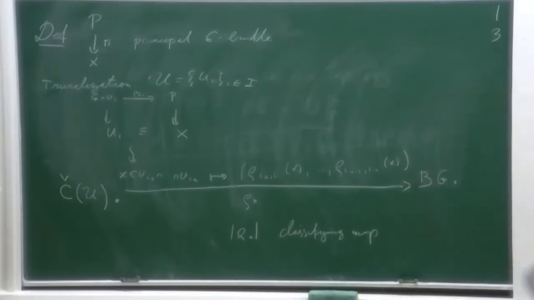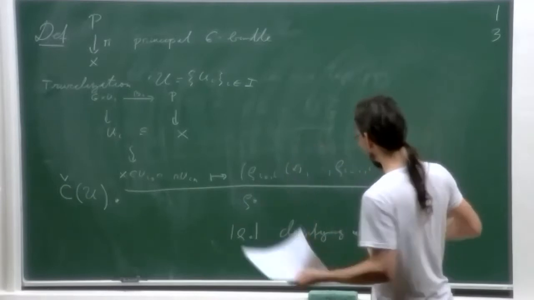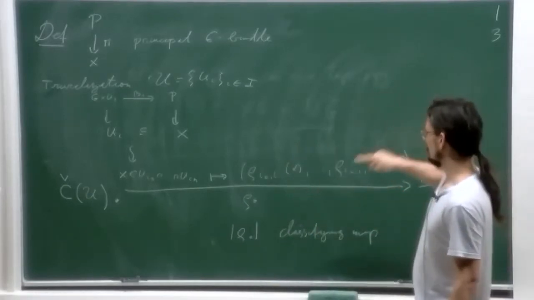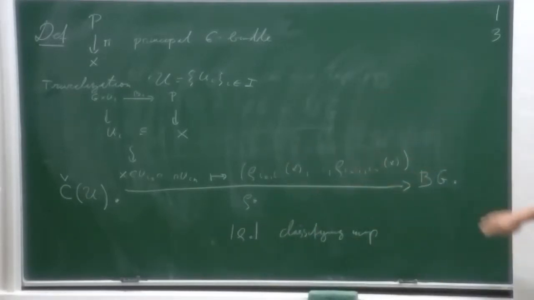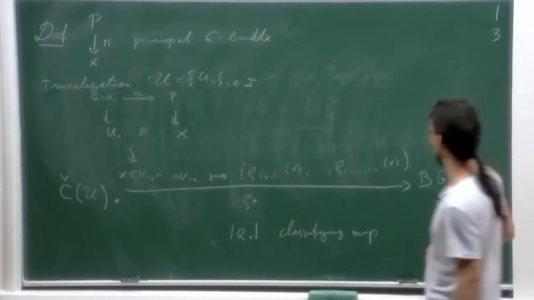And so to get the generalization of a transitionally commutative atlas, we can say that we want this map to factor through our object.